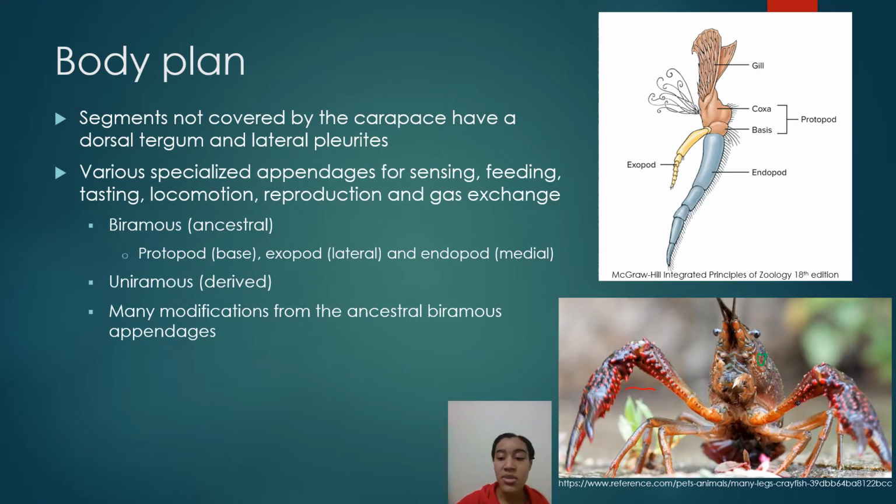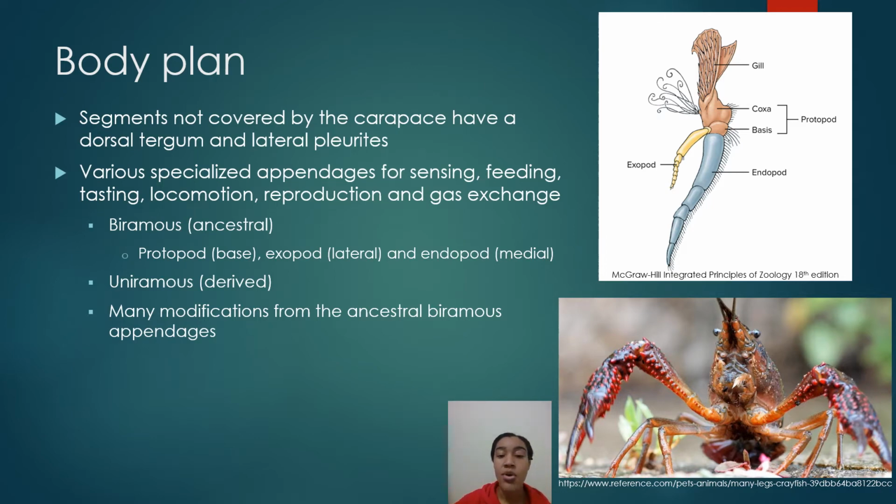So each of the segments has a pair of appendages for the most part, even those that you can't see underneath the carapace. And in the ancestor of all crustaceans, they had a biramous appendage for each of those segments. Now, some crustaceans have maintained their biramous appendages, or they may have lost some and maintained some, or they've lost them altogether. But when we're looking at a biramous appendage, it's composed of three main parts.